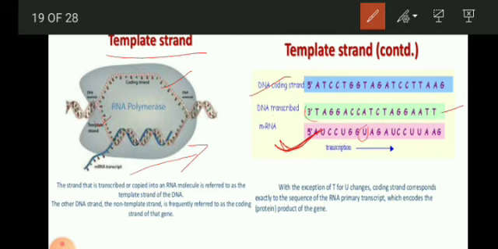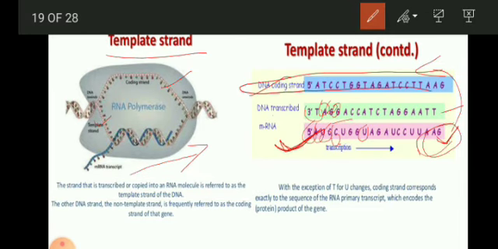So when you see this, thymine is complementary to adenine, adenine to uracil, guanine to cytosine, and again guanine to cytosine, and adenine to uracil. So you can see this transcribed strand is exactly like this coding strand, except for thymine and uracil. This messenger RNA is a copy of the coding strand. Actually, it tries to copy this message. It is the same, but there is a difference because in RNA there is uracil in place of thymine.